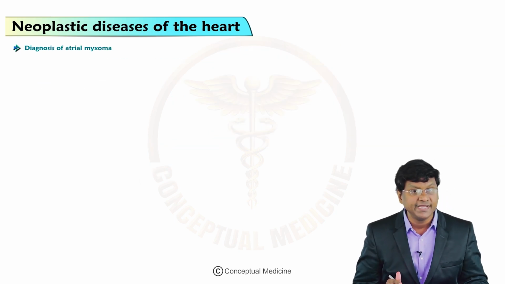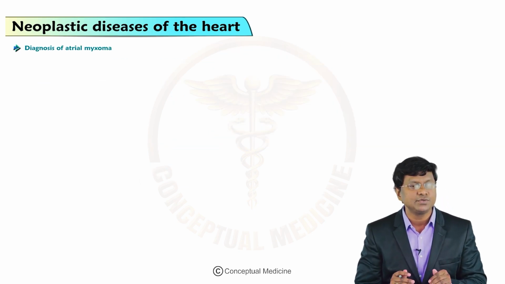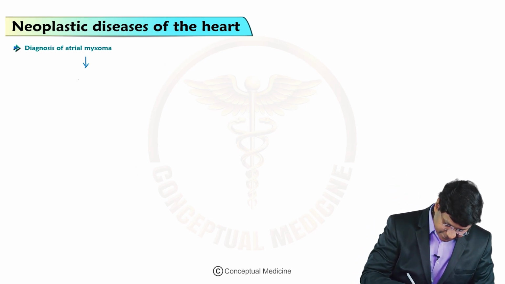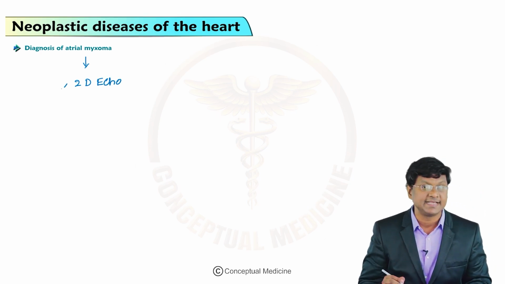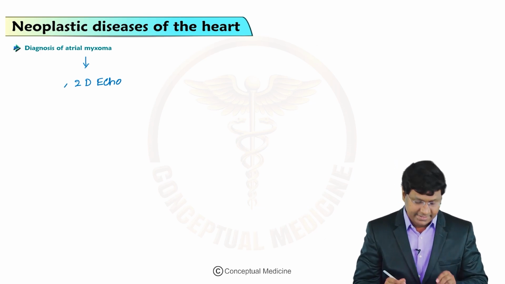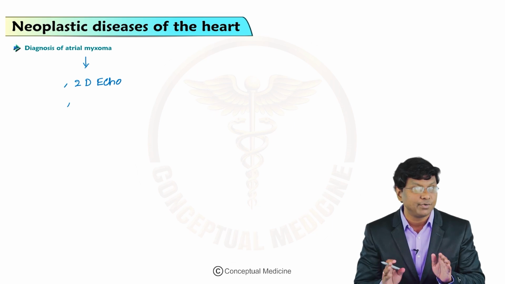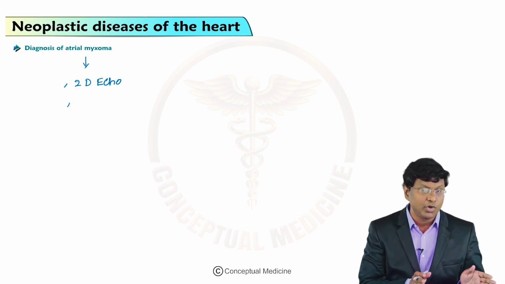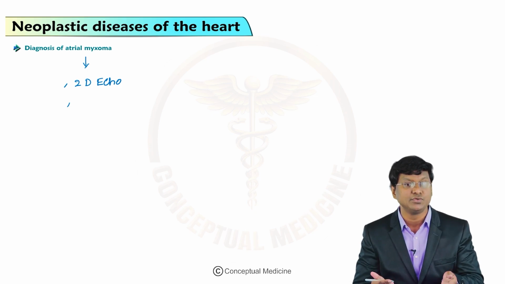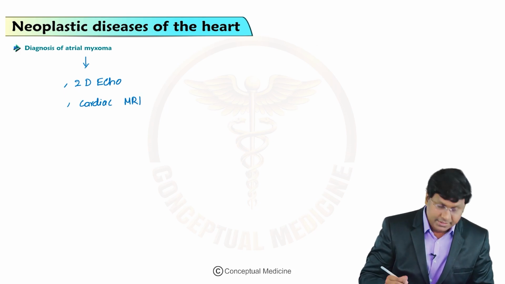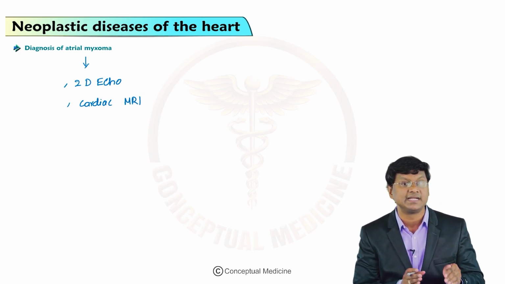Then how do you diagnose this atrial myxoma? See, the diagnosis of atrial myxoma is established by echocardiography, or by pathological study of the embolic material. And what is the alternative method of diagnosing this atrial myxoma? That is cardiac MRI, which is useful as an adjunct.